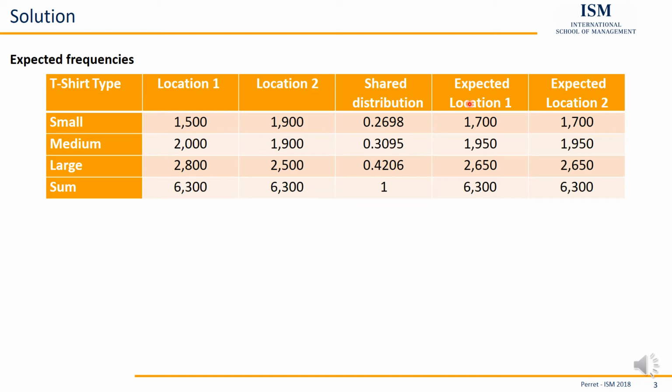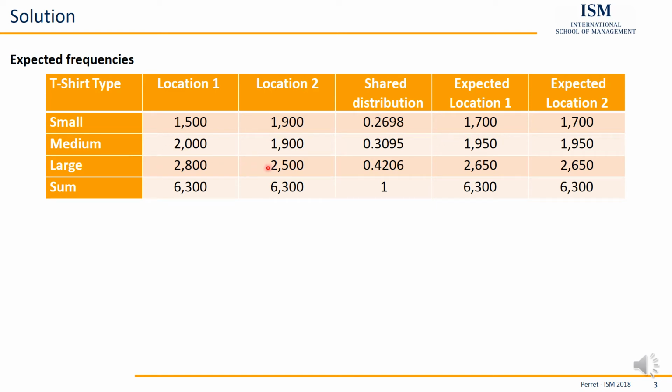Meaning, for location 1 and small, we take 0.2698, multiply this with 6,300, giving us 1,700. As the sums are the same, I get for location 2 as well 1,700.